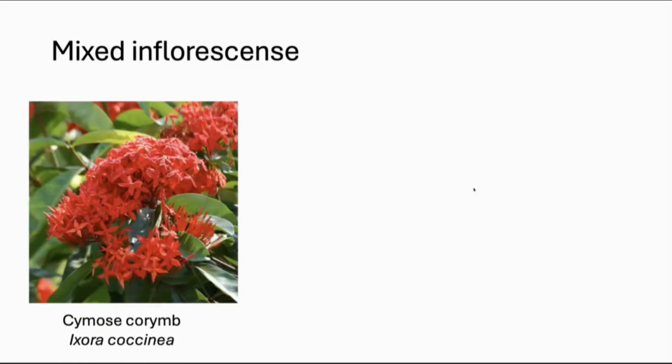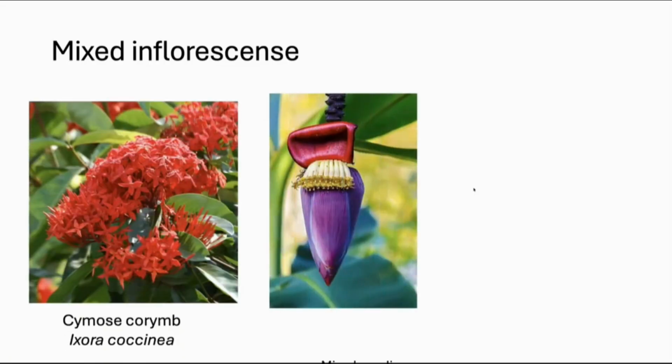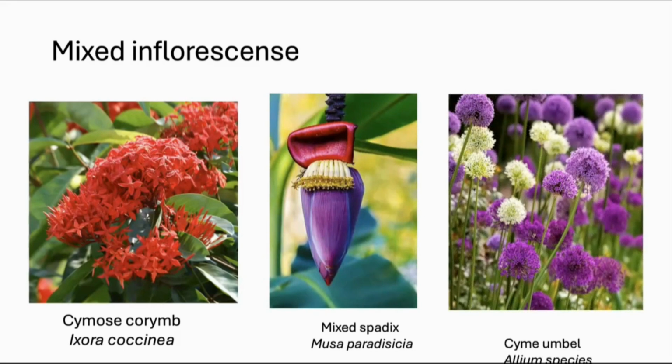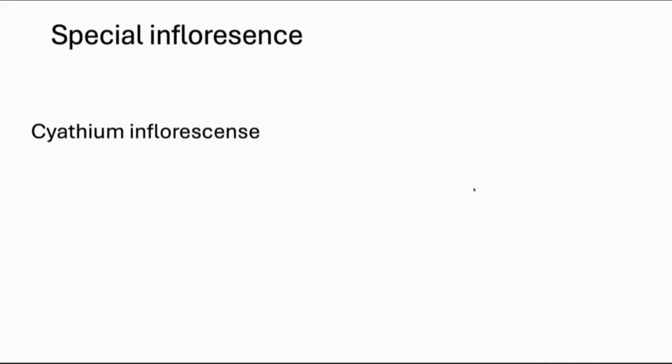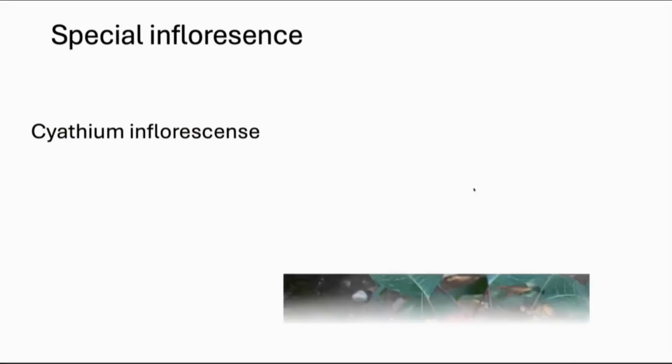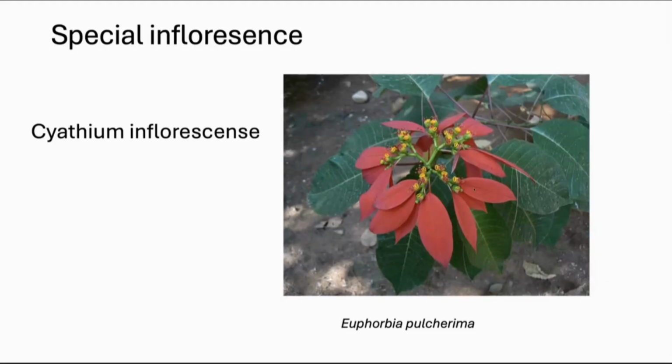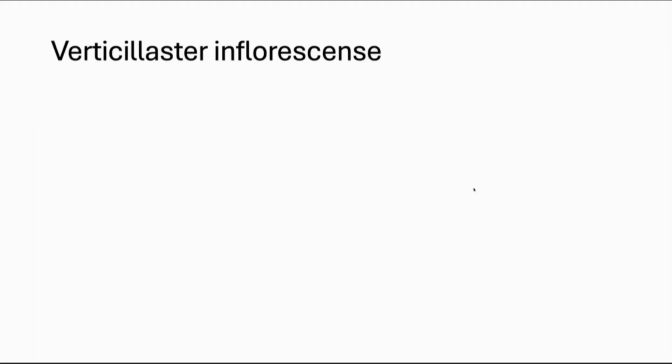Okay. Apart from these racemose and cymose inflorescences, we also have some mixed inflorescences. Examples are Ixora, cymose corymb, and the banana flower, that is mixed spadix, Musa paradisiaca, and Allium species also come under cyme umbel. And there are some special inflorescences out there. Cyathium inflorescence, this is Euphorbia pulcherrima, it comes under the special inflorescence.